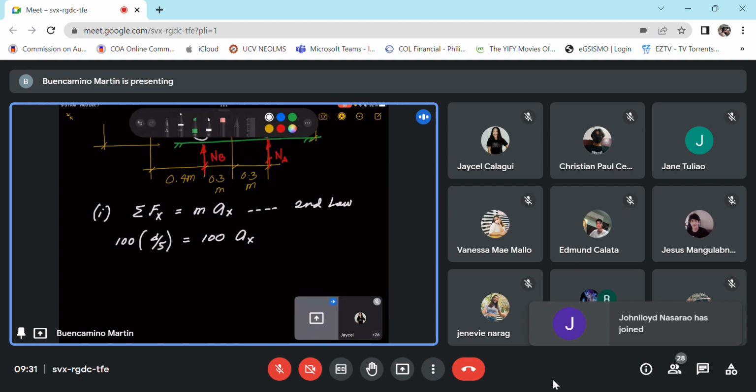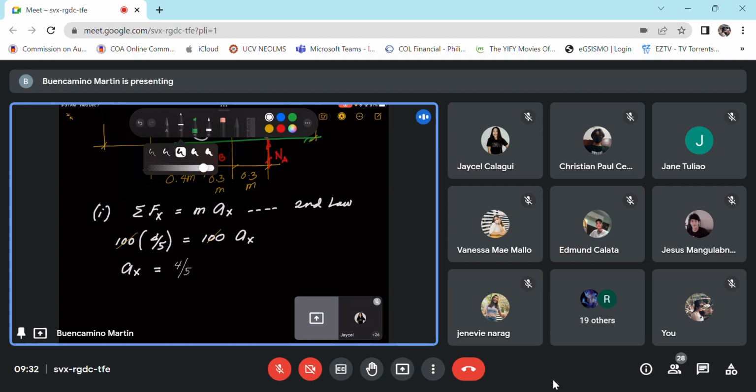And so we can now solve for ax, which is equal now to, magka-cancel itong 100, so this would be equal now to, simplified as 4 all over 5. 4 all over 5 is, complete nyo nga, 4 divided by 5.